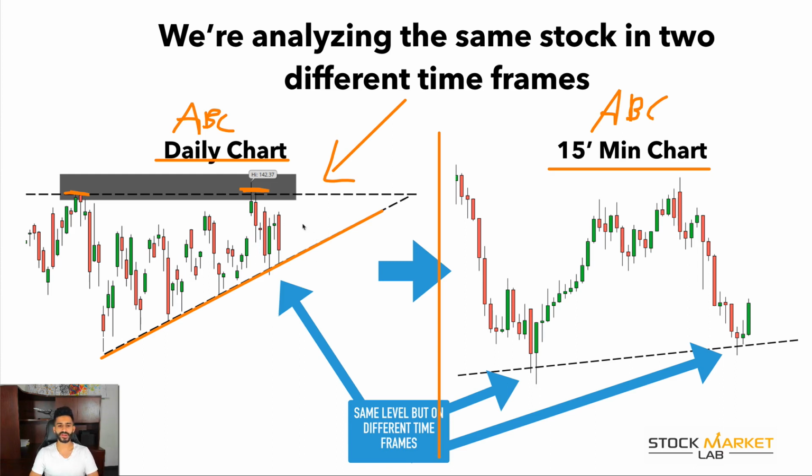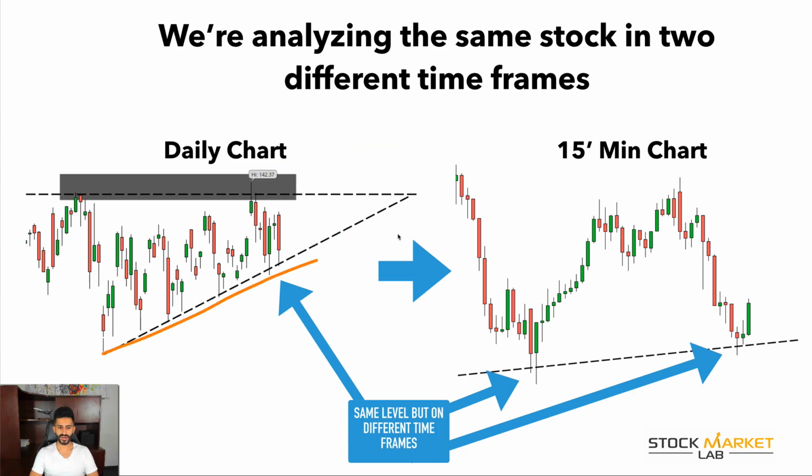Now, when we look at a bigger time frame, the whole idea of multiple time frame analysis is that we now go to a smaller time frame, such as a 15-minute time frame, to look for better entry and exit points. So for example, when we look at the daily chart, we see right here, there's a trend line.